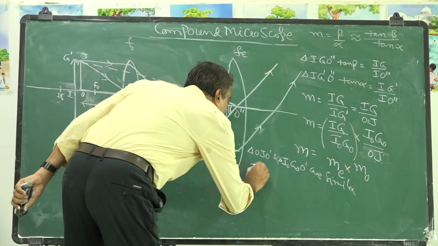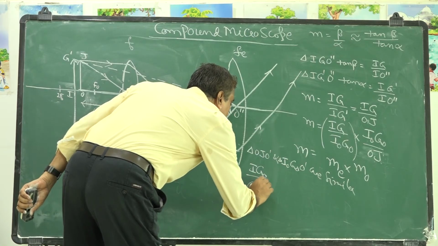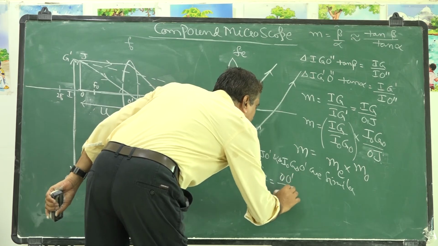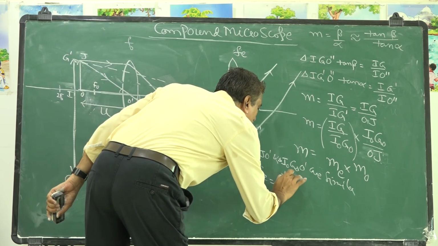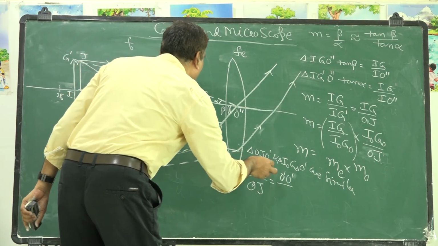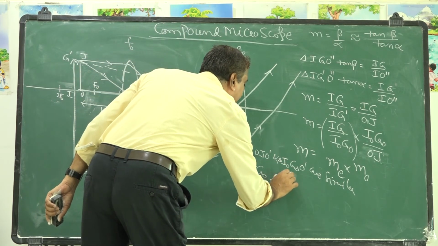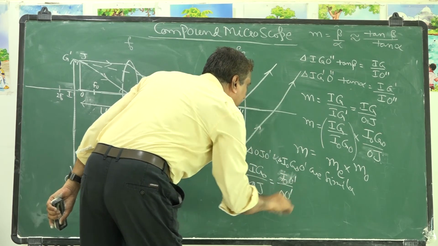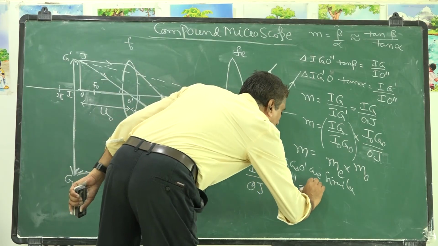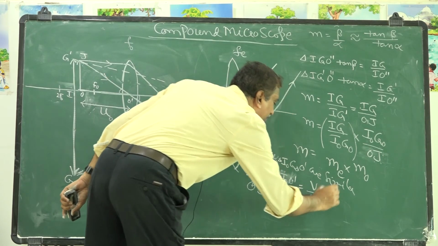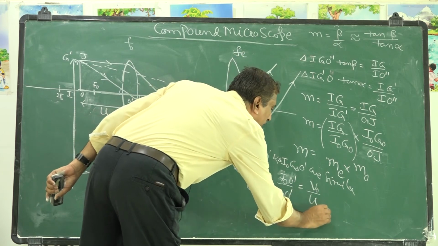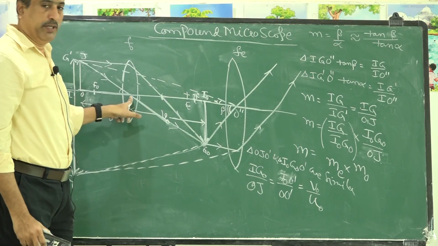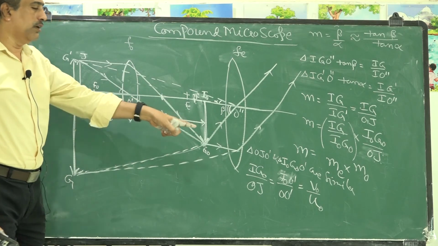That is, I naught G naught by OJ is equal to I naught O dash by O O dash, and that is equal to v naught by u naught, because I naught to O dash is the image distance and O to O dash is the object distance.